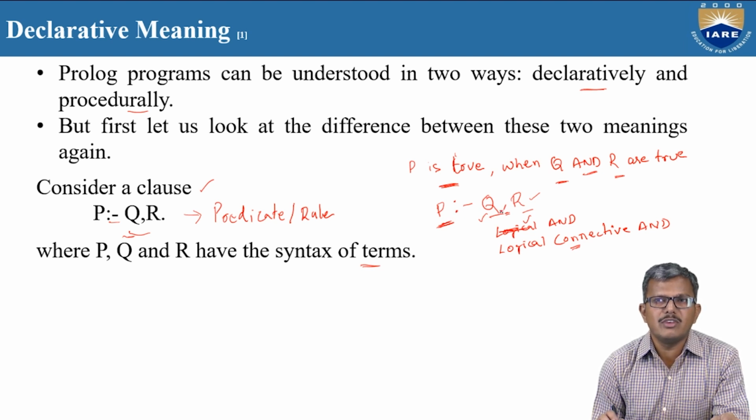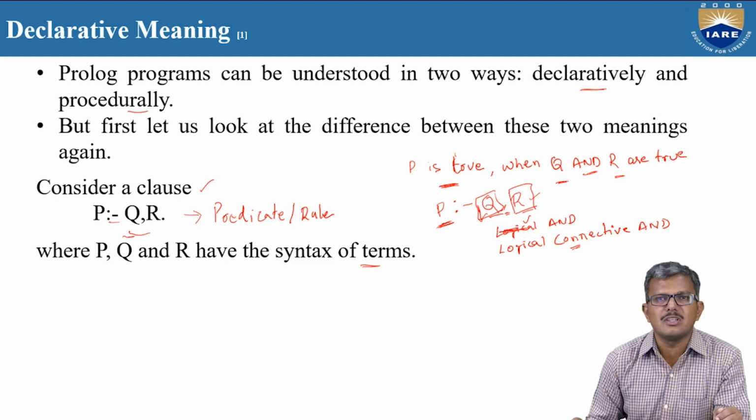So that's why we need to follow the sequence. In order to prove that P is true, first of all you need to prove that Q is true. Once you prove that Q is true, only then do you go for R, and R must also be true. This is the way we need to understand the meaning of these representations.